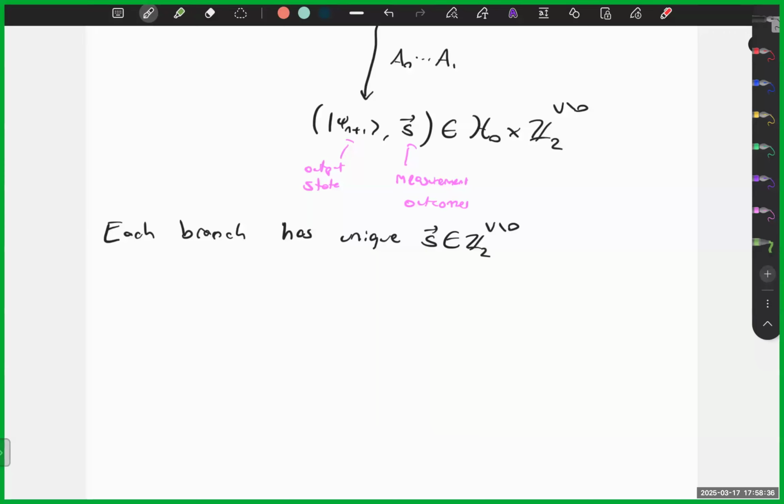So you have 2 to the m branches if you have m measurements. It may be the case that the output states of 2 different branches are the same, but they are still different branches because they have different measurement outcomes.